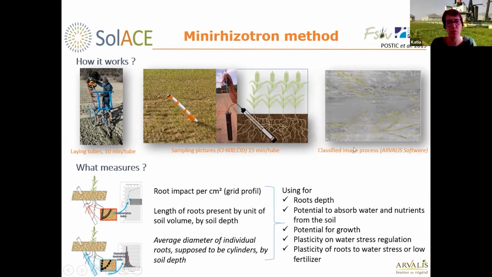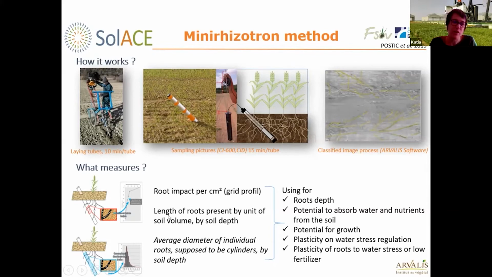in each picture we apply a classified image process. Yes, I will detail it after. For this kind of system, we measure root impacts per centimeter squared, like a grid profile.